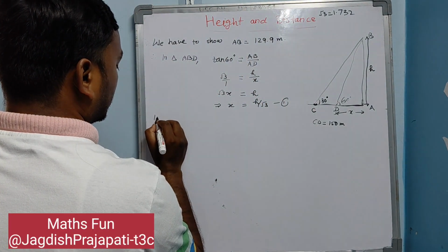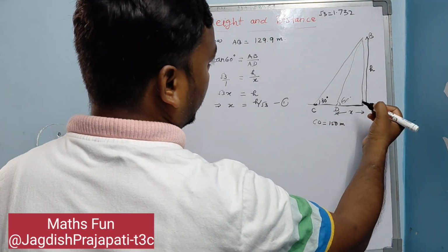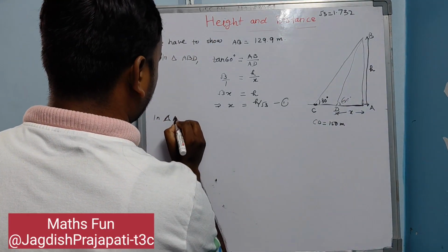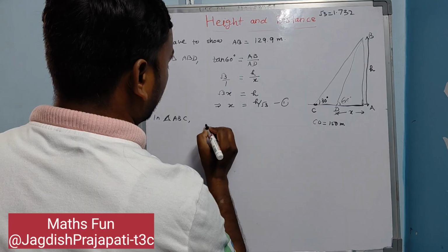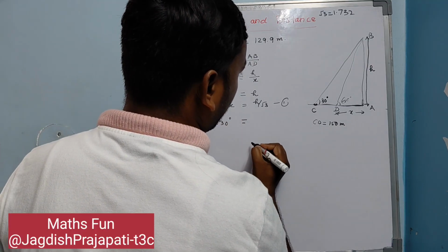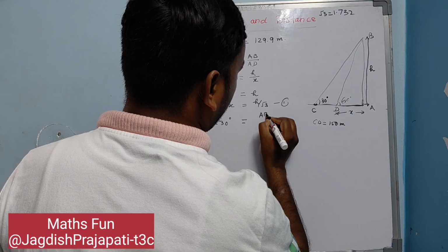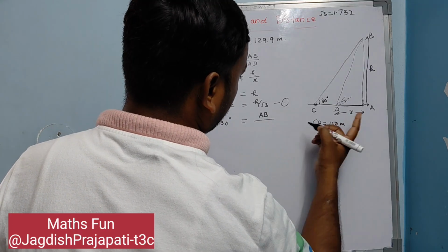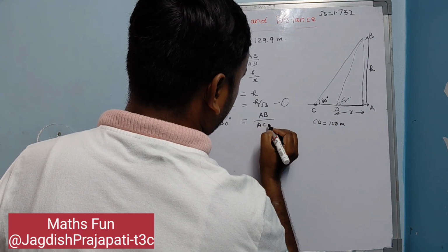Now in triangle ABC, tan 30 is equal to AB upon AC.